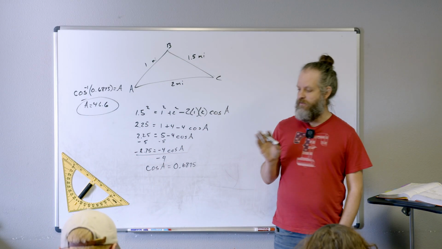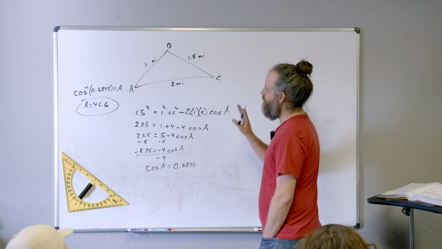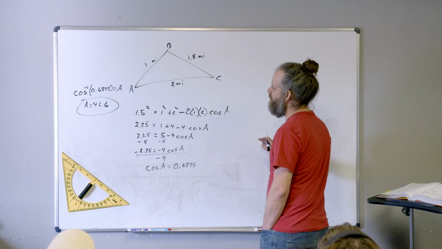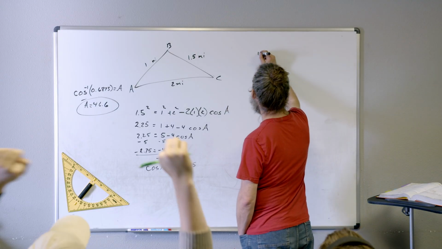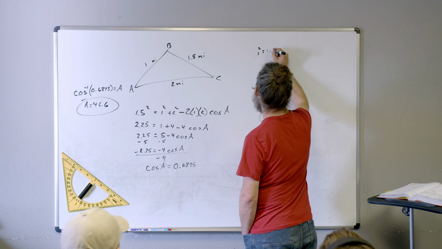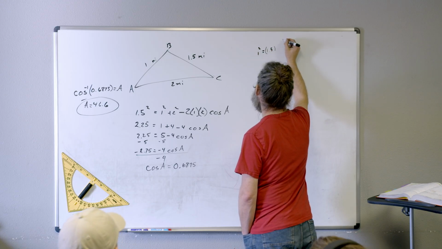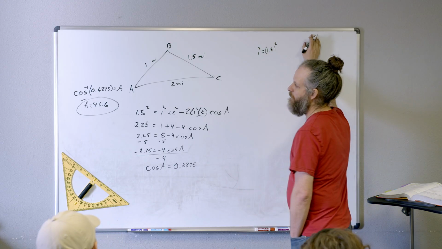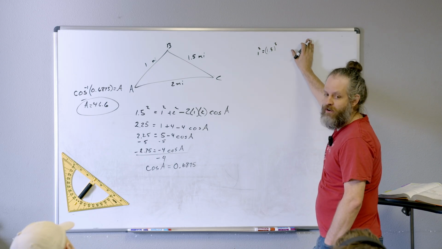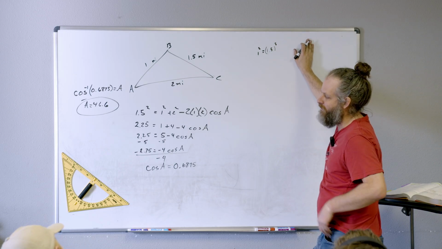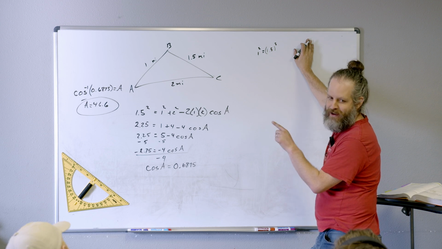But if we were to solve for the other ones, like if we were going to solve for C, we would use law of cosines again, right? It would be 1 squared equals 1.5. Wait, you said don't use the ones that you figure out with that. Never mind. Yeah, and you would especially not want to do that here because not only do we have something we could have made a mistake on, but we have a rounded answer too.